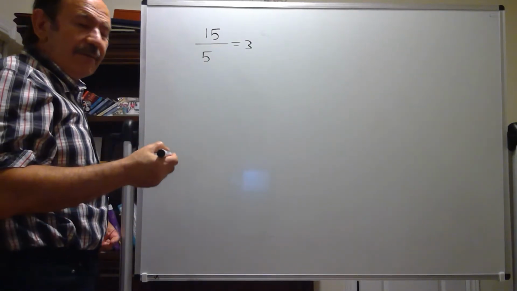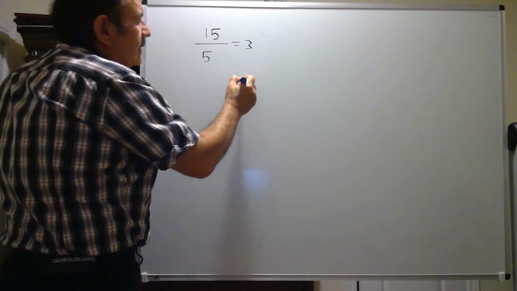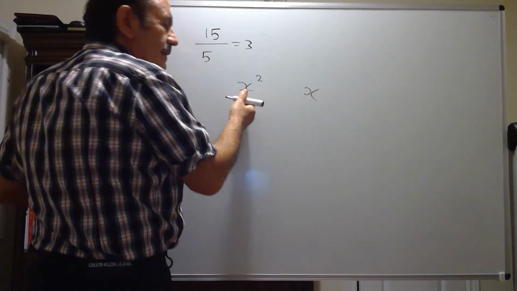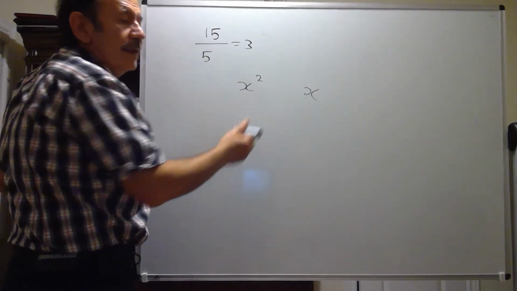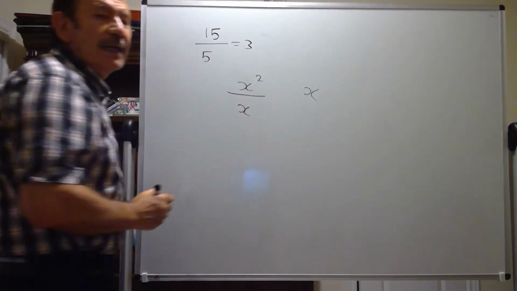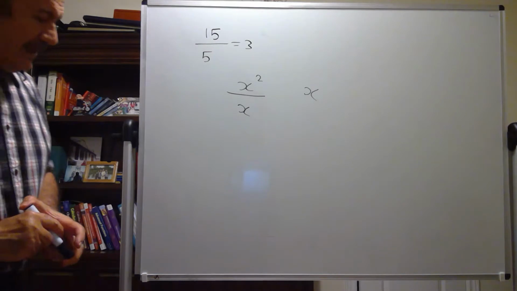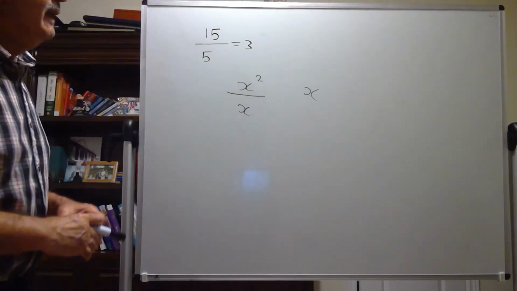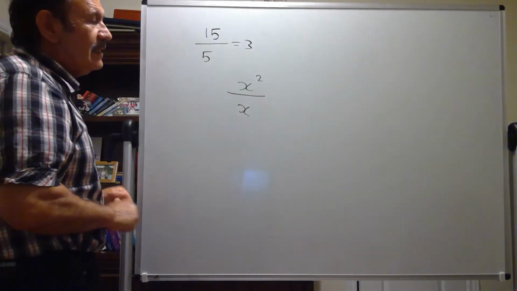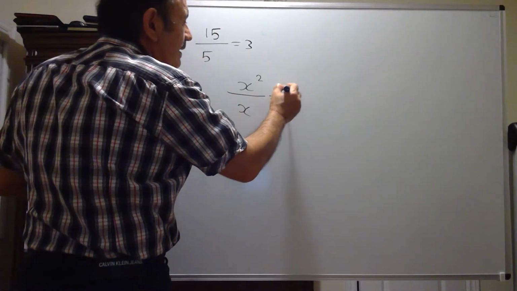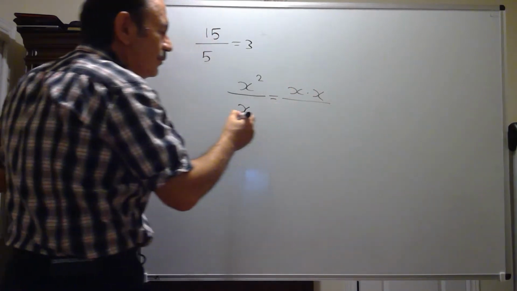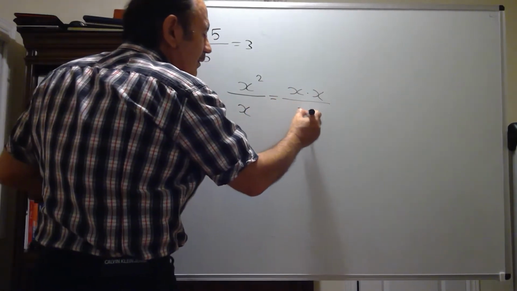But division of variables, x squared and x. X squared is a monomial, x is another monomial: x squared divided by x. In this case, remember, x squared, if I expand it, I can write it as x times x, or x multiplied by itself twice, and the denominator is x.